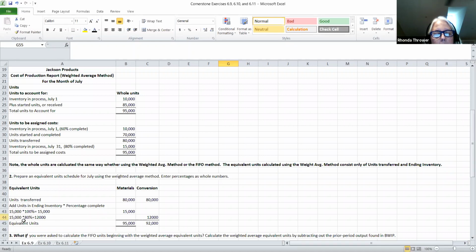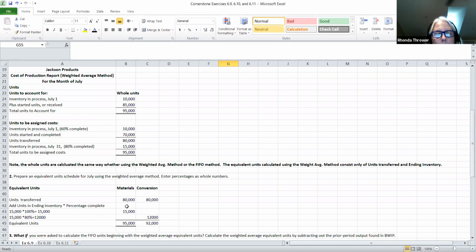But of the 15,000 units in ending inventory, only 80% were finished with respect to conversion. If you multiply the ending inventory units of 15,000 times 80%, it will give you 12,000. 12,000 is your conversion equivalent units for ending inventory.